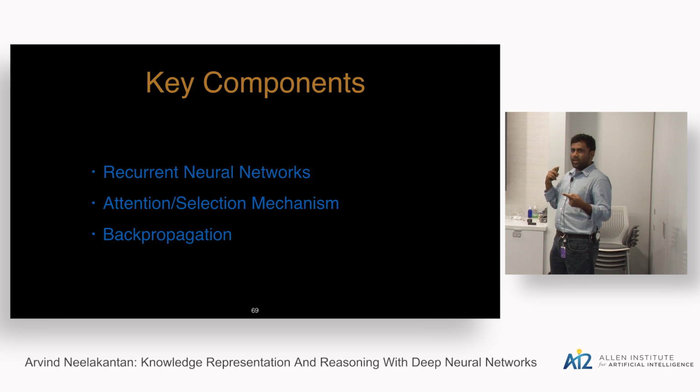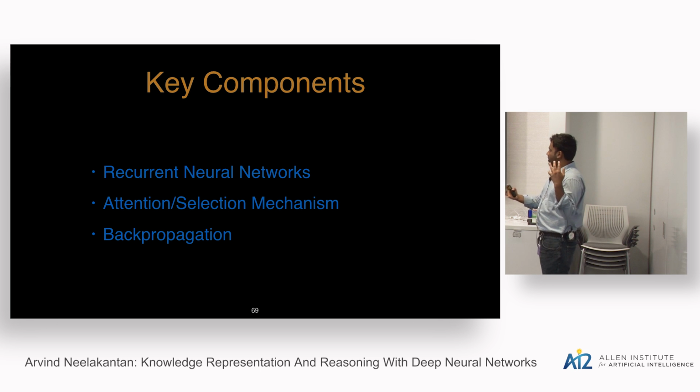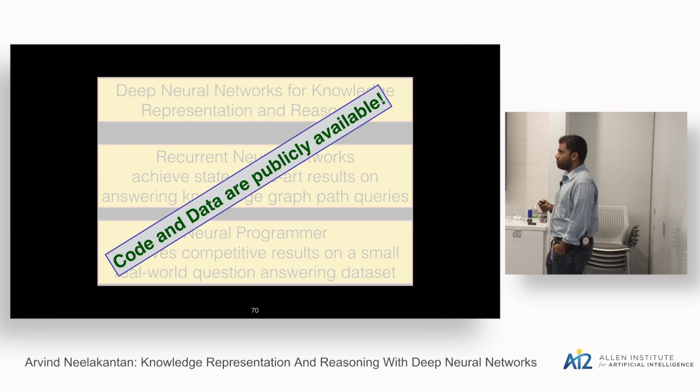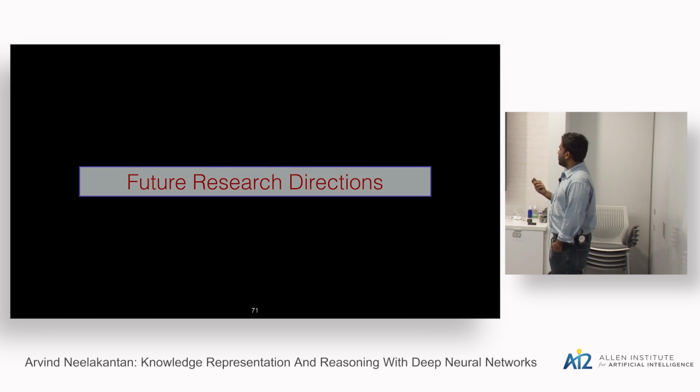Whenever you have sequences, you use RNNs, and there is some attention or selection mechanism that is differentiable, and then you train the model with backprop. Using these 3 components, we were able to get really good results on 2 good data sets. And the code and data for all these experiments are available.